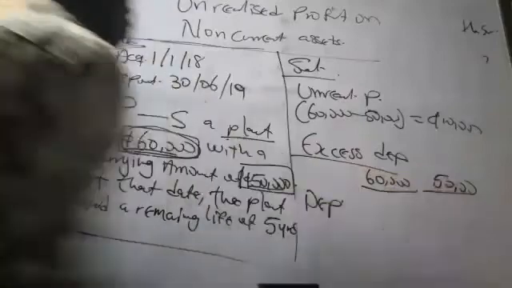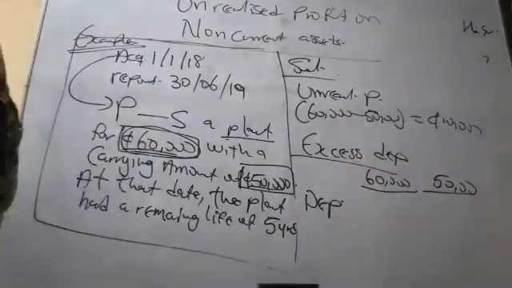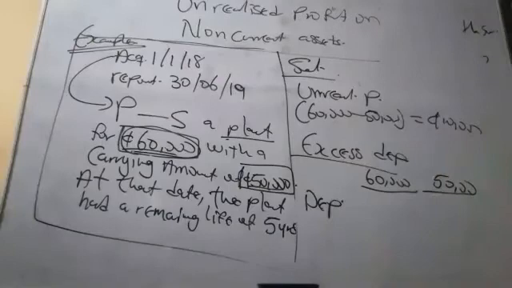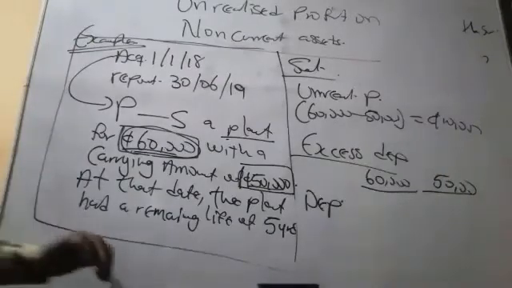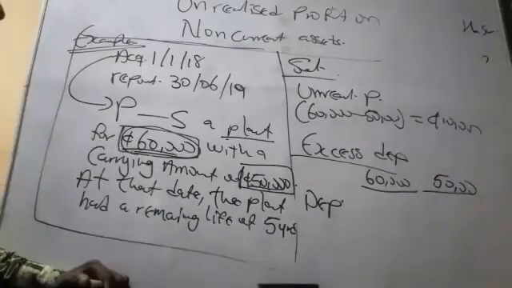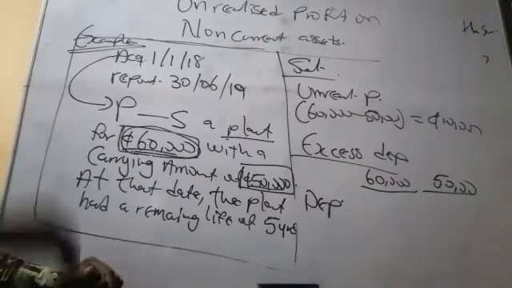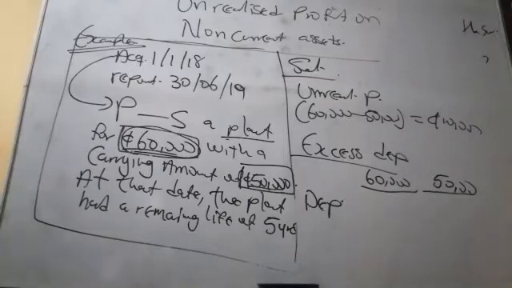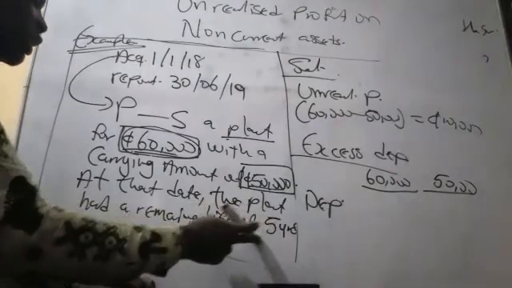If depreciation was calculated on 60,000, what would be the value? And that's the case because the subsidiary bought the asset, the plant, at 60,000. Now the issue is this: the useful life of the asset is around 5 years.